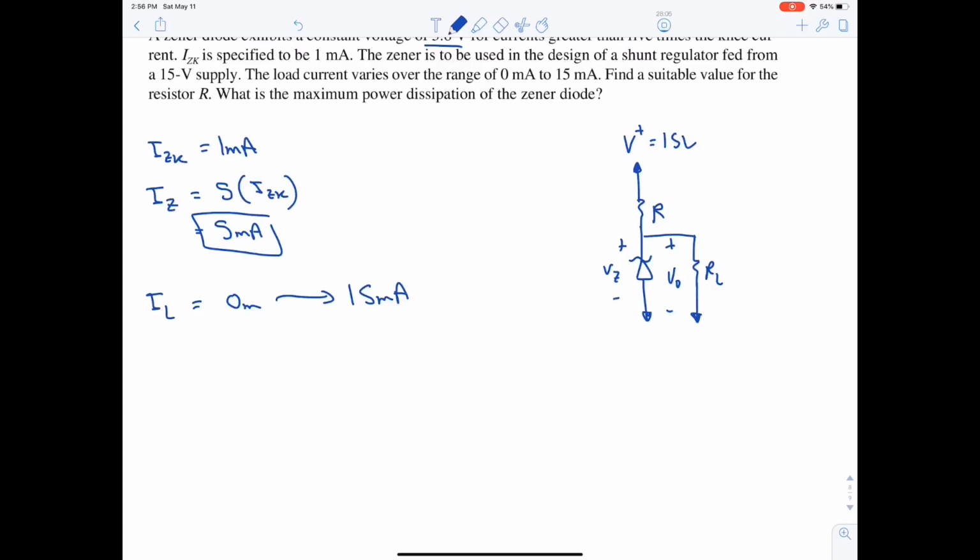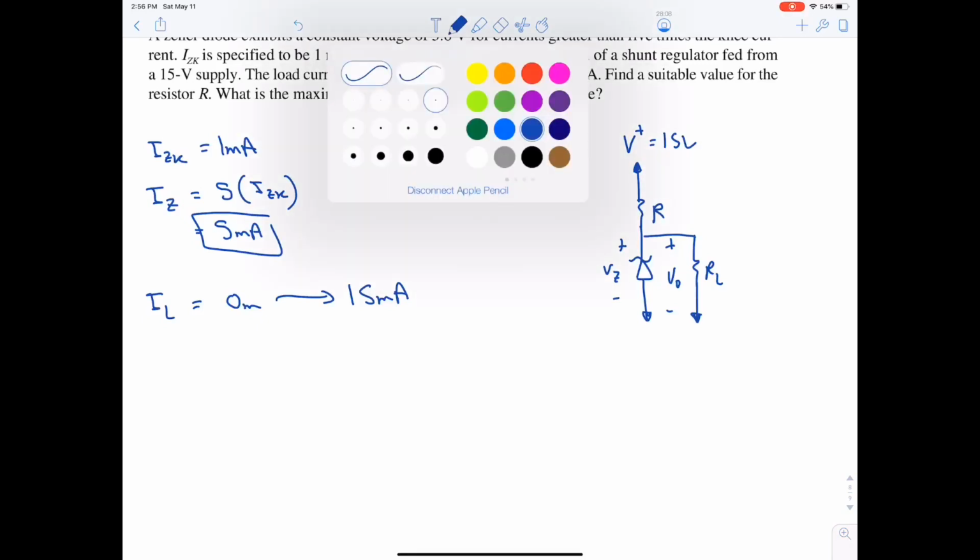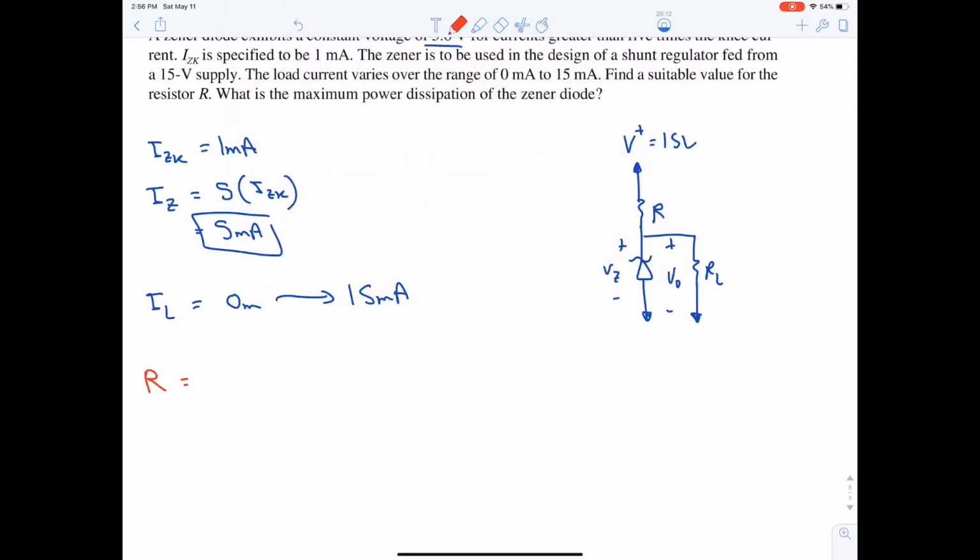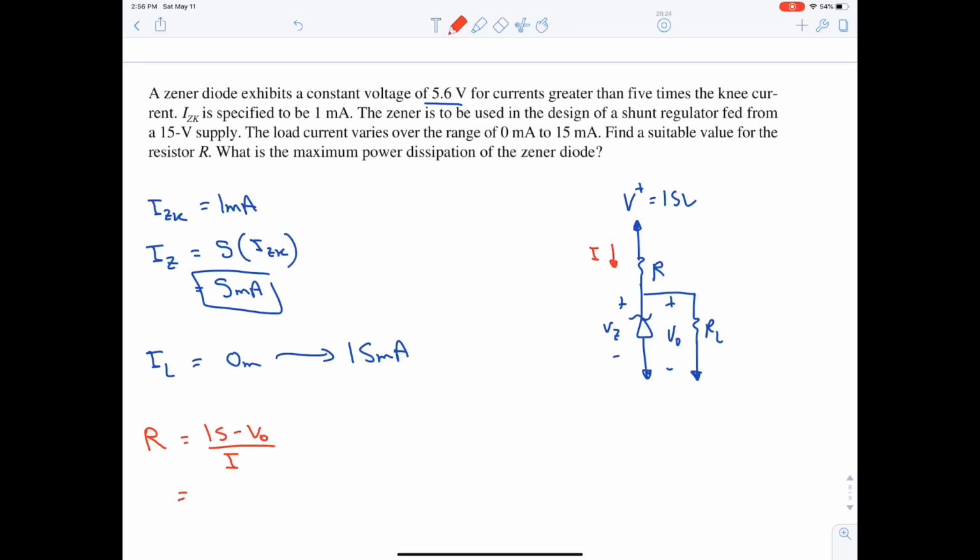If you want to find R, then we need to do Ohm's law, right? So R is equal to 15 minus V0 over I. V0 is Vz.